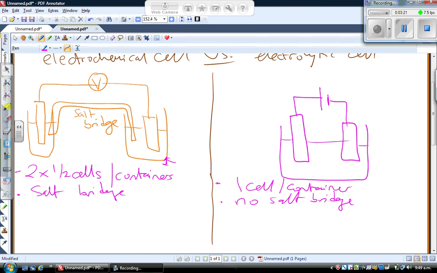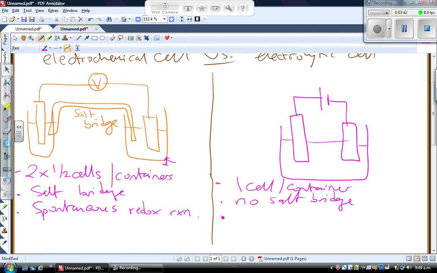Okay, the next thing to point out is that the reaction which occurs in an electrochemical cell is spontaneous. So you get a positive E cell value if you added the two individual reduction potentials together for the species involved. So it's a spontaneous redox reaction.